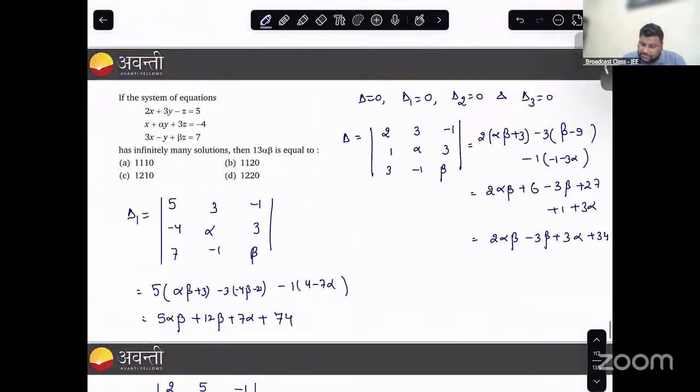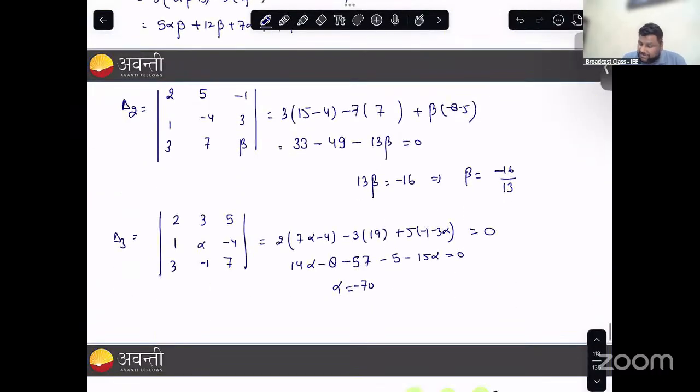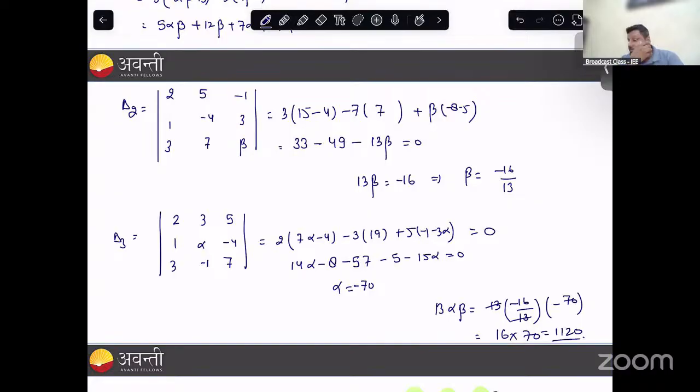Now they're asking for 13 alpha beta. That is 13 into minus 16 by 13 and minus 70. 13 cancels, it is 16 into 70. That is 1120. Understood? These kinds of questions are very precautionary.